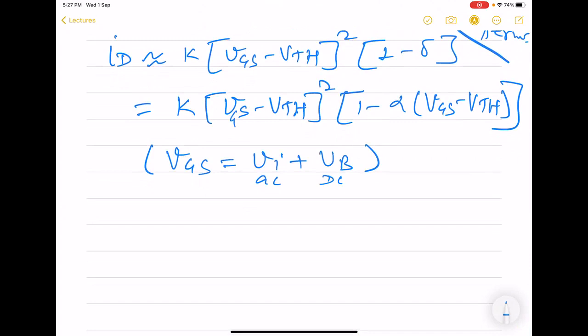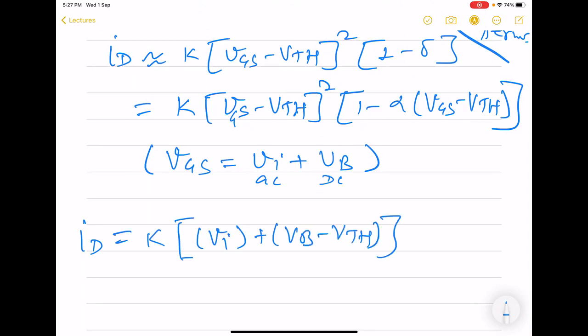So we can write ID as K into (VI plus VB minus VTH) whole square into 1 minus alpha (VI plus VB minus VTH).